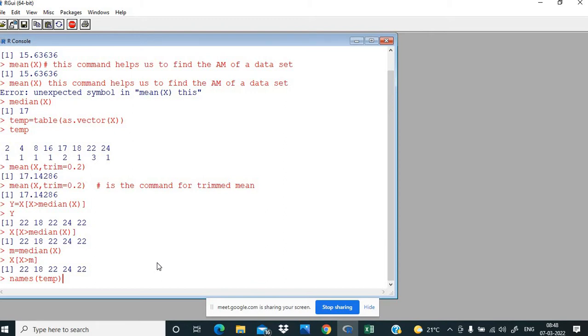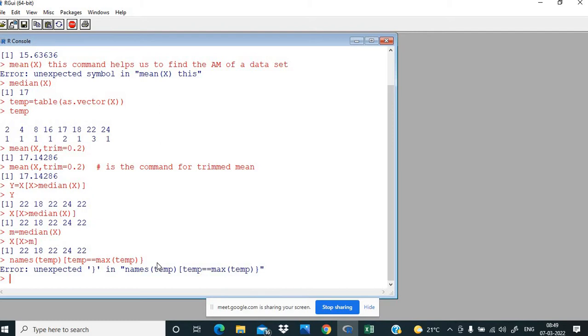So the command is names temp, then you give the third bracket, and then you give temp, and then 2 equal to maximum temp. So names temp will name the value, and temp equal to maximum temp. That means it will return the maximum value. I think it will work.